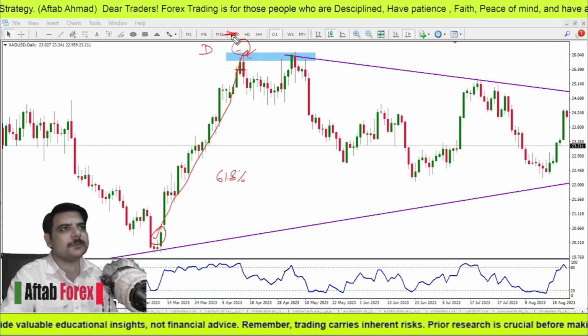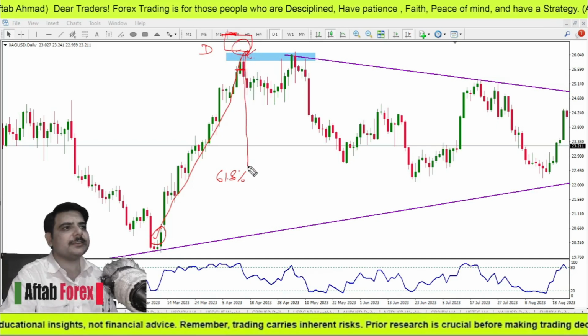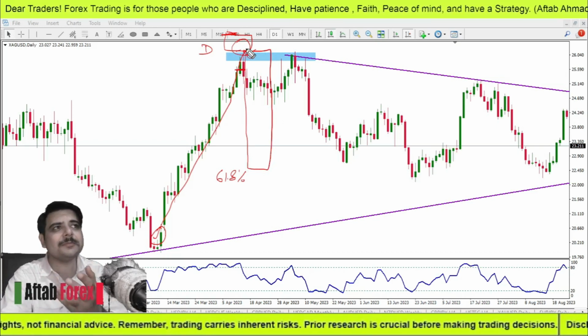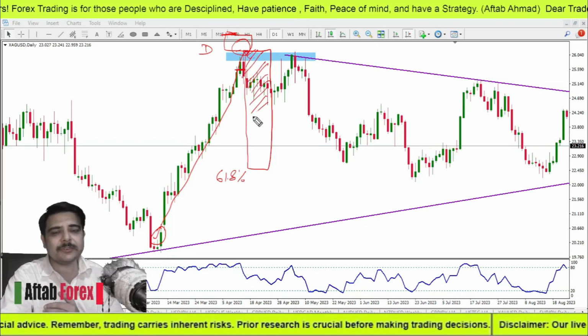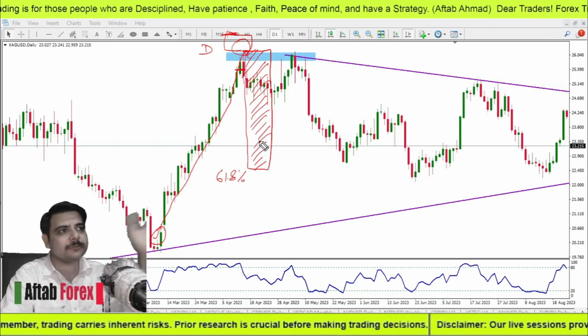Now with a stop loss of this much, the trader tries to generate this much profit, which to most of you will seem unrealistic, but traders are doing it and they are making good profits out of it.